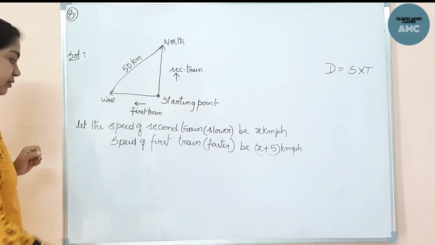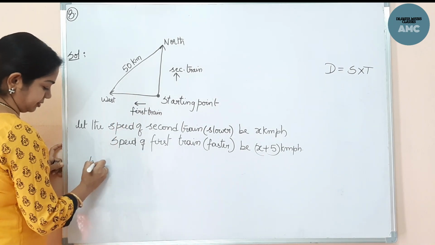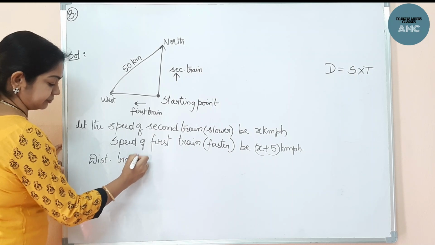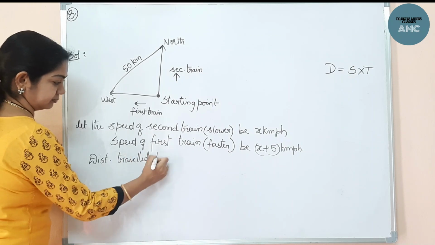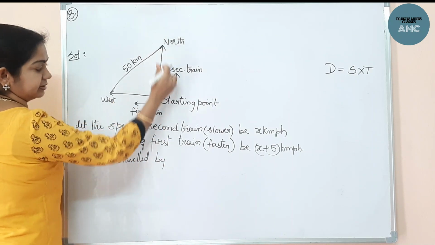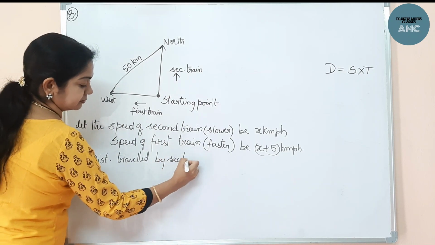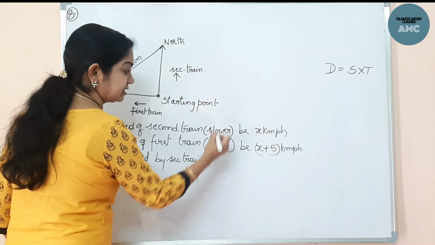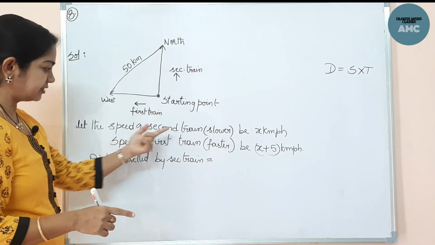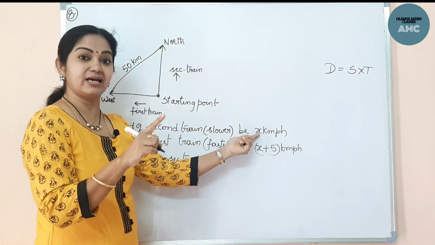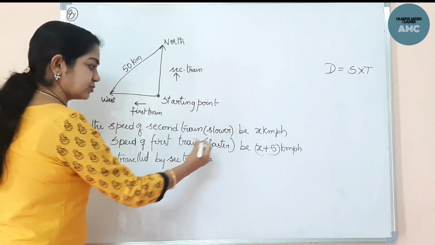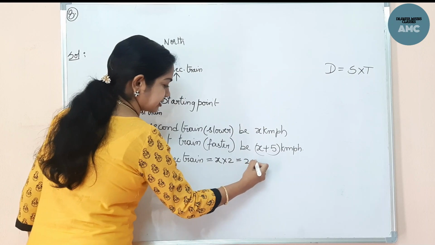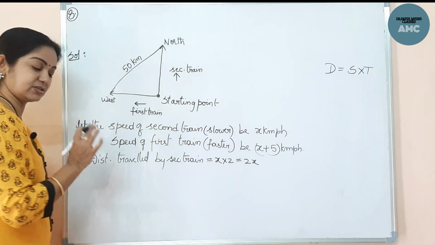Right. Now we want the distance traveled by the second train. Distance is speed into time. Speed of the second train is x and the time is 2 hours. So speed into time is 2x kilometers.